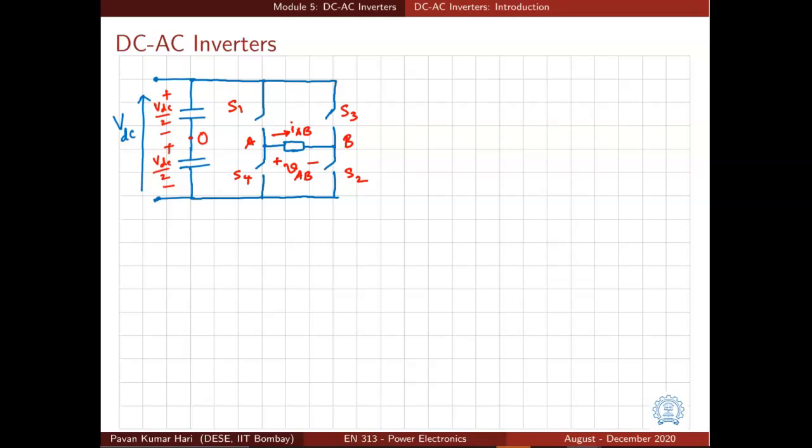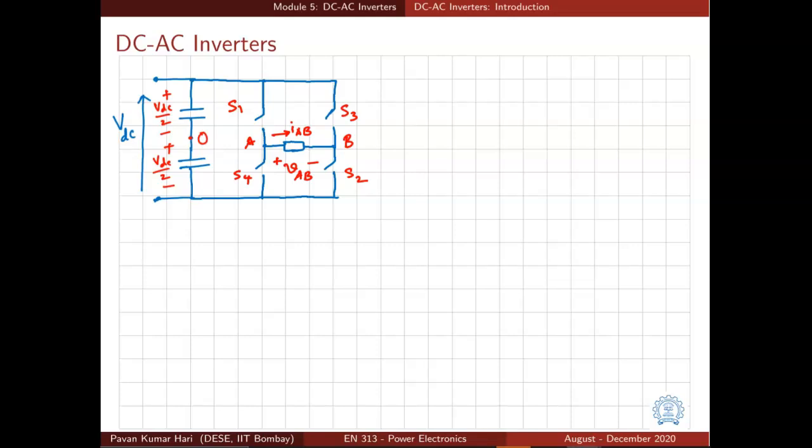In fact, having this capacitance across the DC input is a usual case, because this DC voltage must have been obtained by some kind of rectifier, which could have been followed by a DC-DC converter. In both cases, there is going to be a capacitor at the output voltage.